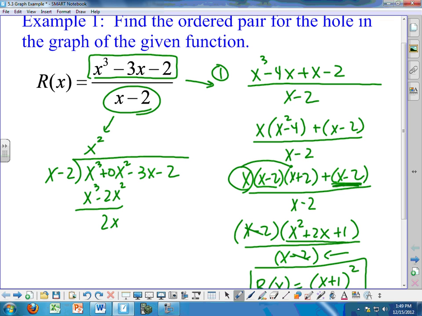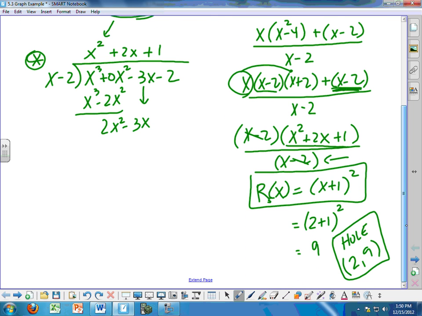Subtract, we get 2x squared and bring down our minus 3x, etc. In this case, you get the same thing, x squared plus 2x plus 1, if we continue this out. And for those of you who have handled synthetic division already, you could do this long division by synthetic division and come out with your answer even faster. Either way, it should get you to your final solution, which is that the hole is located at 2, 9.